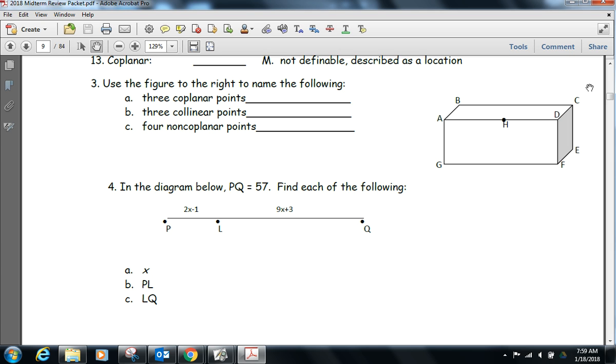A, G, F, C. Even though A, G, F are all coplanar, C is not. So those 4 together would not be coplanar. Just give me 4 that aren't on the same plane. We all right? Maybe I'll do this one again tomorrow too, and then there'll be no coplanar questions on the midterm.